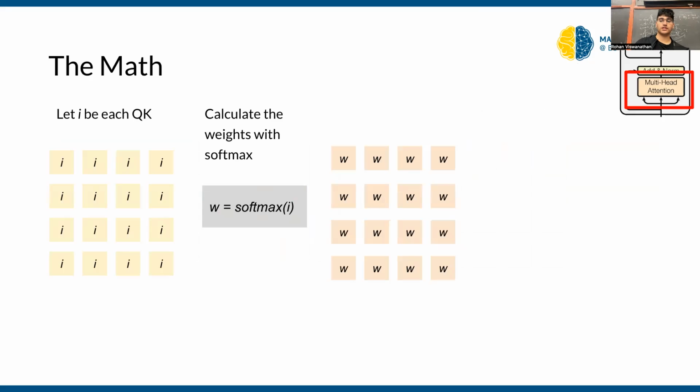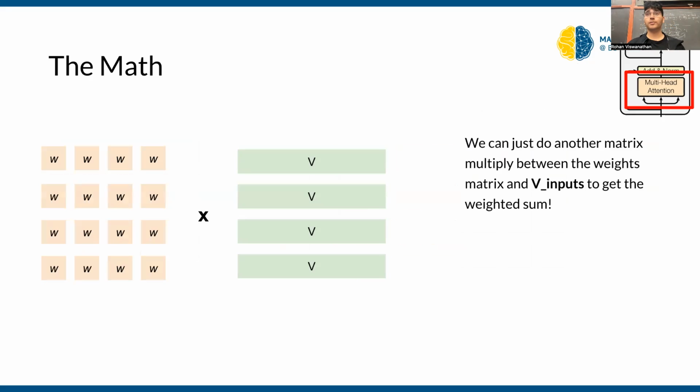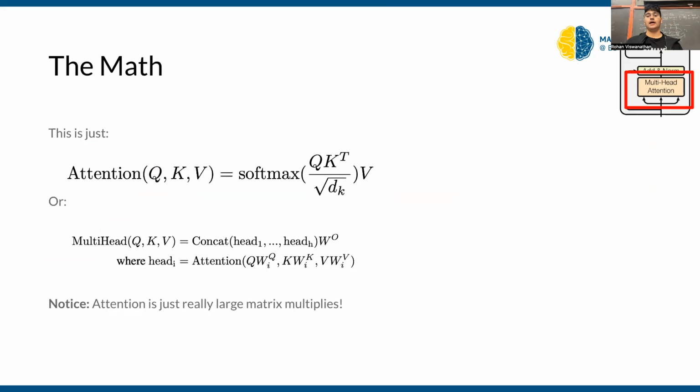This representation in particular is our weight before we pass into our softmax function. We pass these into our softmax, we get a weights matrix, we multiply those with our values, again a big matrix multiplication, we get our weighted sum, and that is our attention.